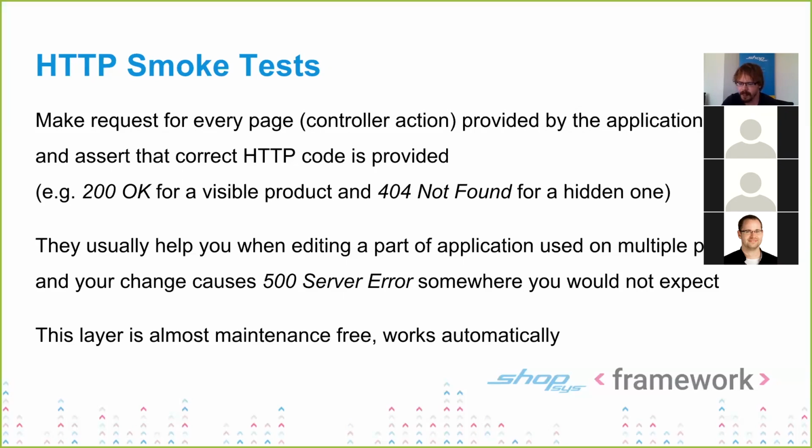So if it has a route for product detail, it can assert that it returns 200 OK. If the detail of the product should be hidden, it can assert that 404 not found is provided.